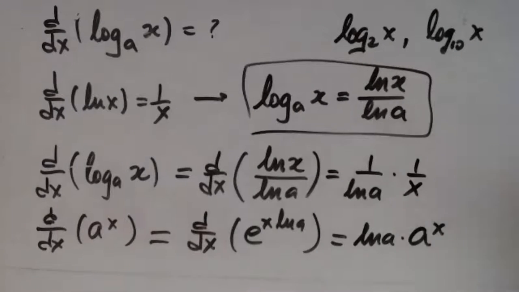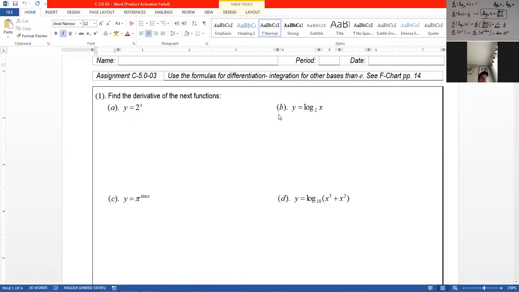And well, the only thing I have to do now is, let me see again, share screen. What is the derivative of the log in base 2 of x? Well, that is not going to be a big deal, right? So this is f of x equals log in base 2 of x.